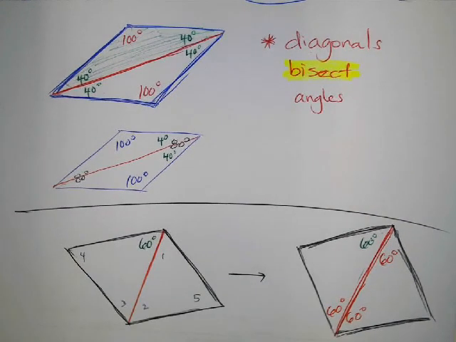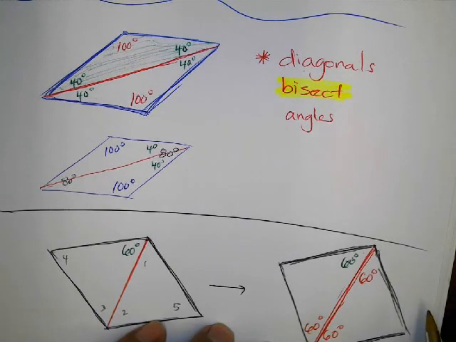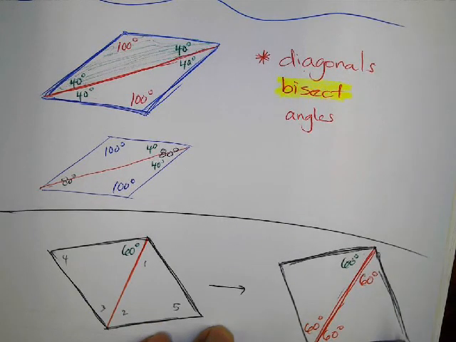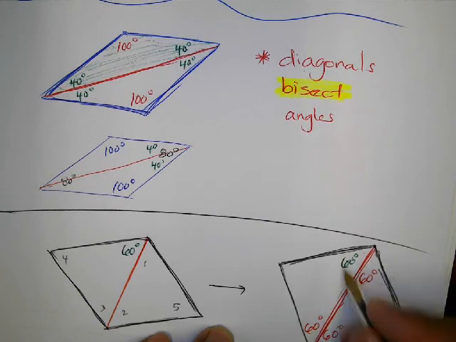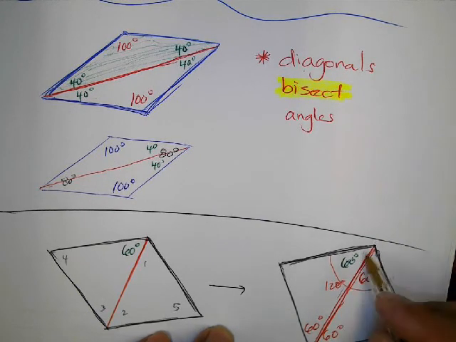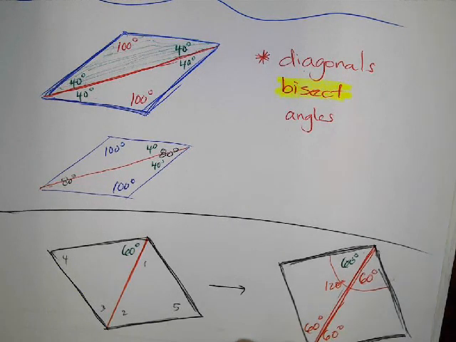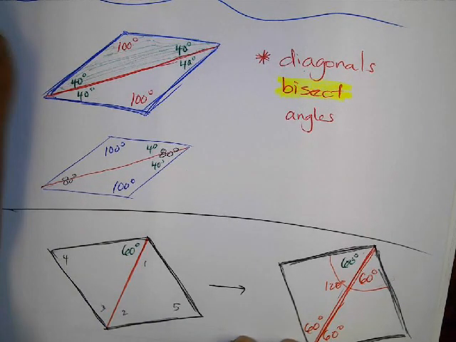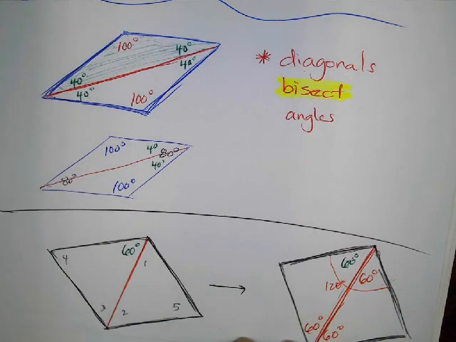Does that make sense like we did it over here? So now what do I have? Well, I know that these together right here is 120. These together are 120.